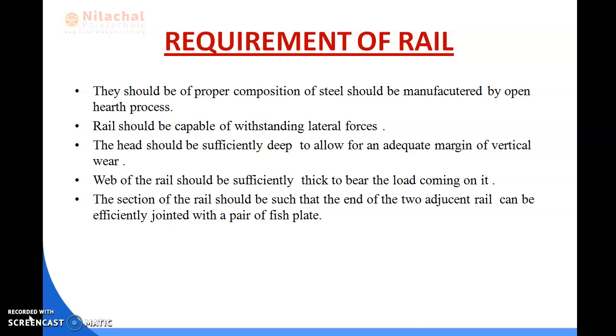Okay? So basically, whenever we make a rail or require a rail, what are the composition and how the rail will be made that is perfect for a track.